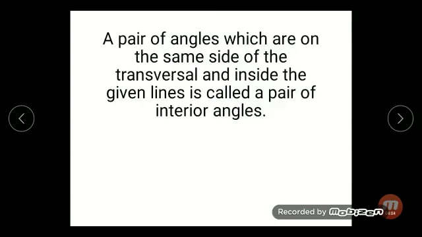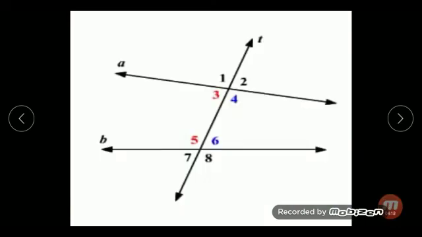Interior angles. A pair of angles which are on the same side of the transversal and inside the given lines is called a pair of interior angles. In this figure, angle 3, angle 4, angle 5 and angle 6 are inside the given two lines.